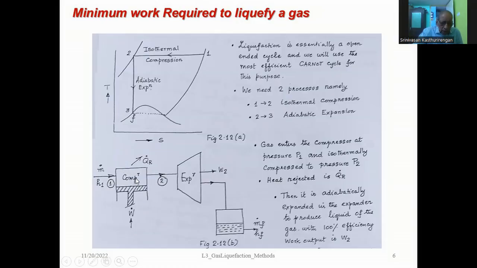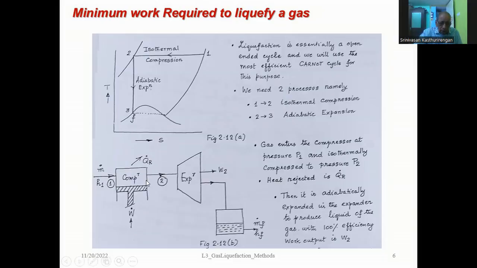So you take a gas in a compressor, a certain mass flow rate is entering the compressor, and then it is isothermally compressed, so the temperature would rise, but the heat is rejected constantly.